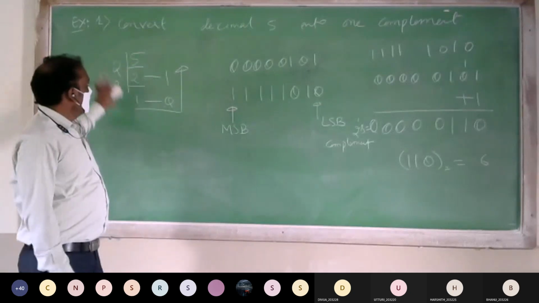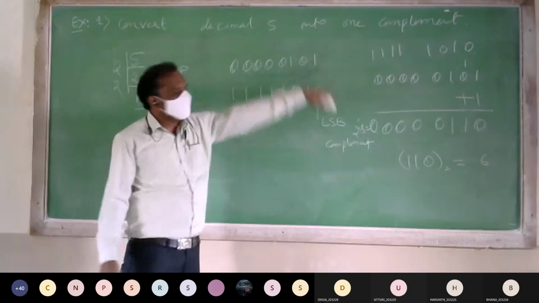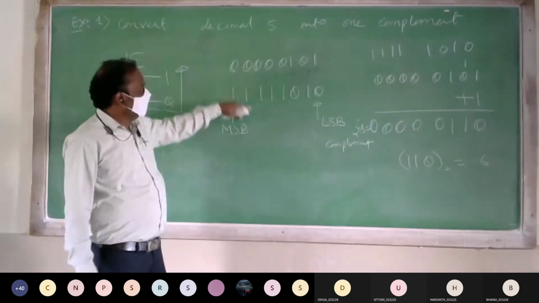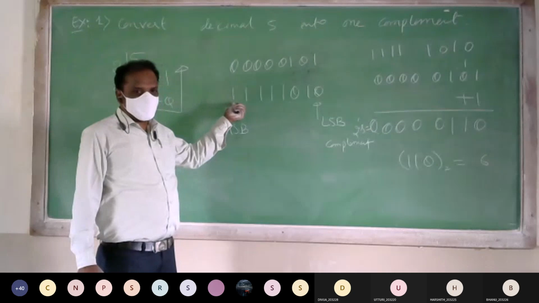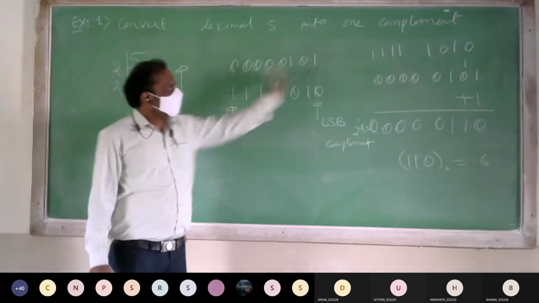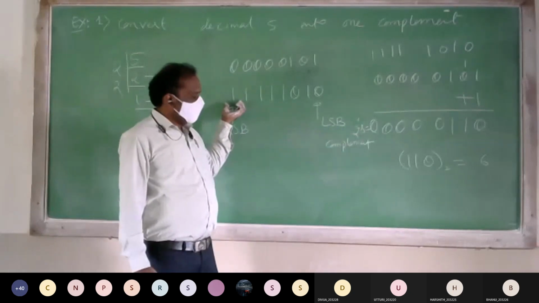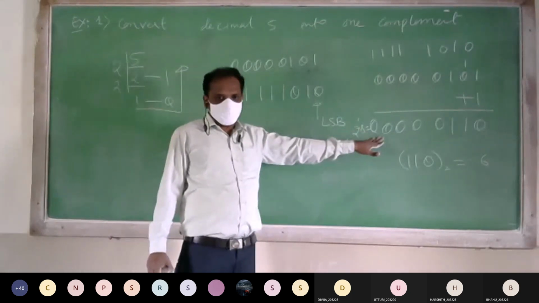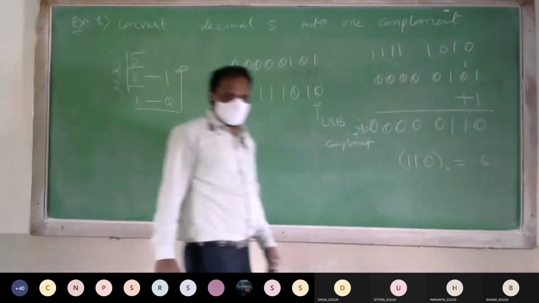Now, the given question was 5. We need to convert 5 into 1's complement. When we converted into 1's complement, the MSB was 1. Because the MSB is 1, we need to convert this into 2's complement, because the computer stores negative numbers in the form of 2's complement. When we converted it into 2's complement, we got the answer 6.